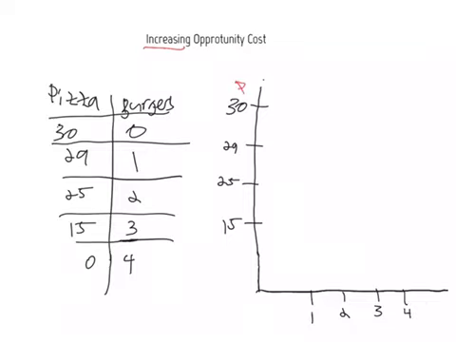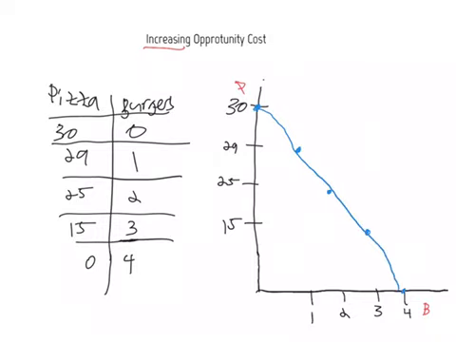For the x-axis, we're going to use burgers. And then you plot your points. So 30, 0; 29, 1; 25, 2; 15, 3; and 0, 4. And you connect the points.